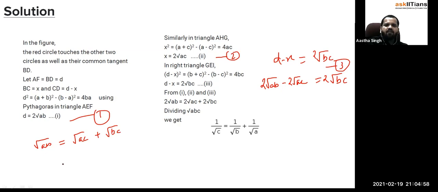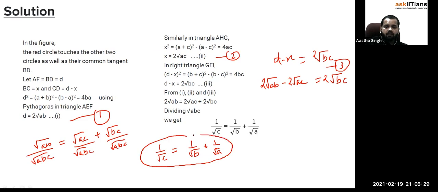What if I divide both these sides by under root of ABC? Under root of AB and root of AB will cancel out. It will become under root of C is equal to, similarly, under root of B, under root of A. Guys, this question is very much important, right?